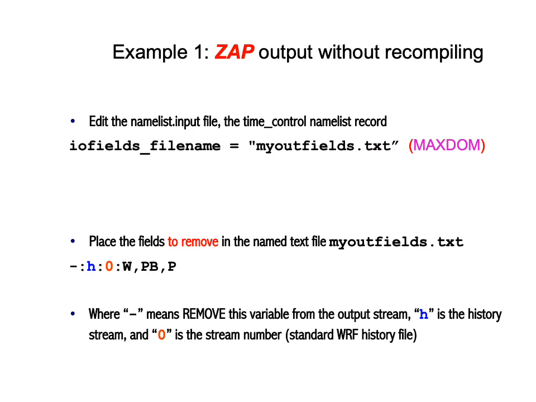So this is the default WRF output file, wrfout_d01 with a date string attached to it. And what I'm removing are the vertical velocity and 2 components of pressure, because I can get approximately those values in other ways. So this removes 3 3D arrays from my wrfout files if I don't need to have them.